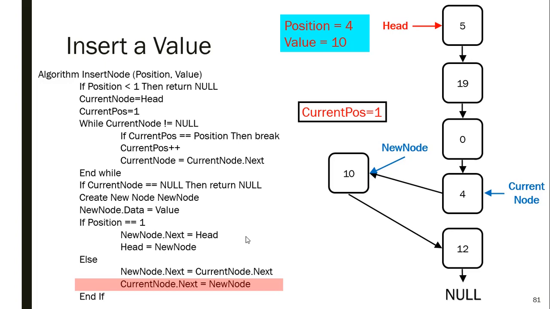I just give you a hint: suppose you are going to add a value at position number 1 and head is pointing towards null. So you just simulate it and tell me what is the bug here.